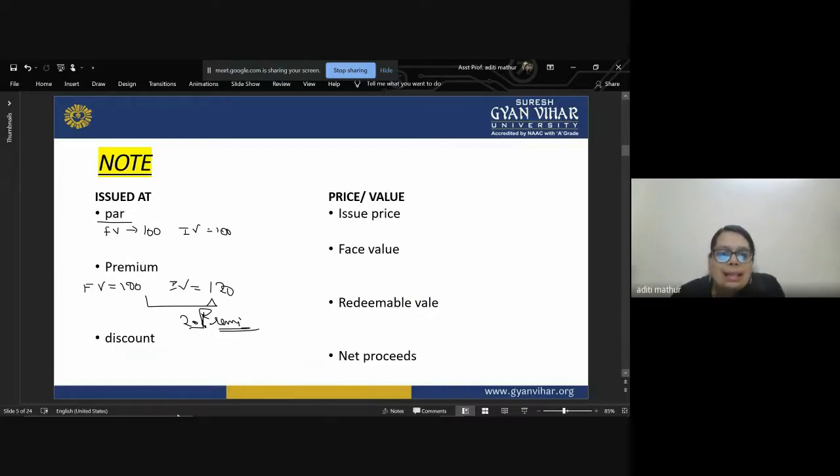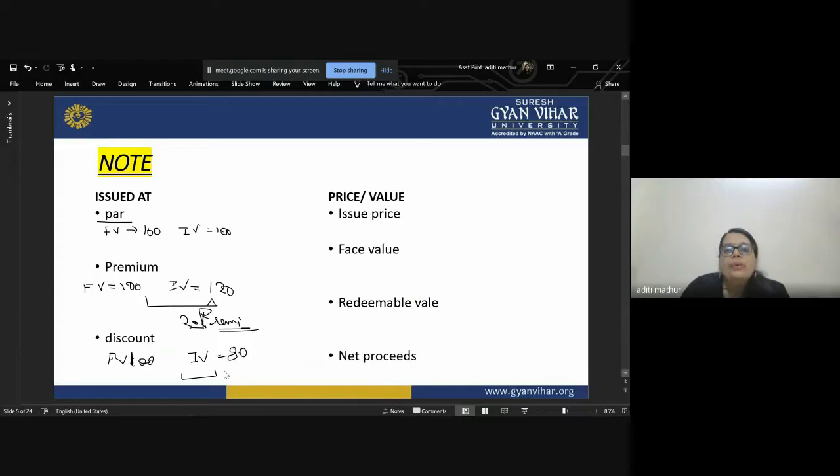And in the case when the face value is 100 and the issue value is, let's take 80, that means you have paid 20 less. That means you have got a discount and it is issued at discount. There can be three situations in which the debentures can be issued: par, premium, and discount.